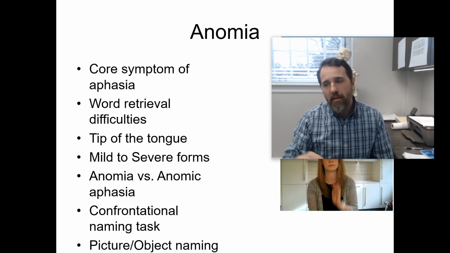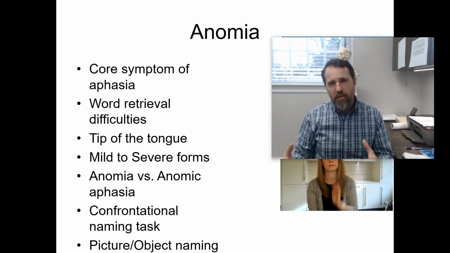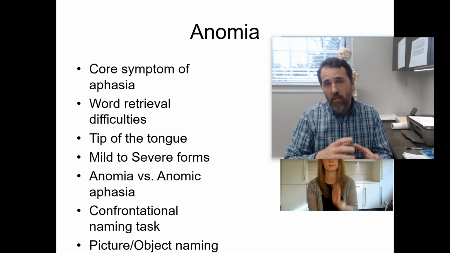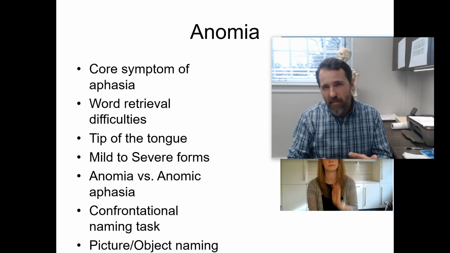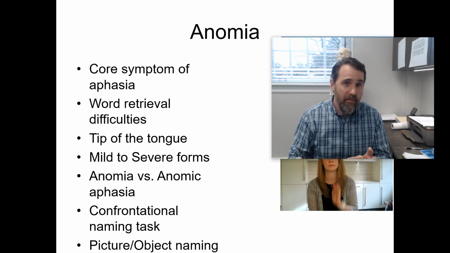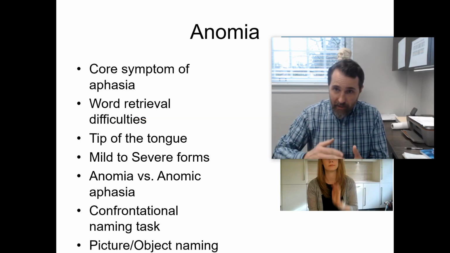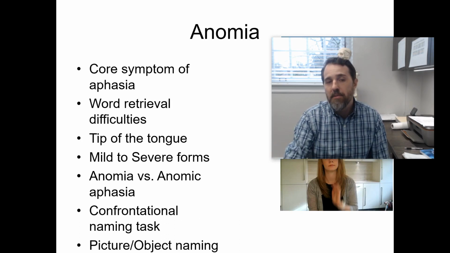And we present them with objects, pictures, and the tests for anomia within the more standardized tests start with more everyday objects, pictures of everyday objects, or presentation of everyday objects, and increases in difficulty by the presentation of less common objects.